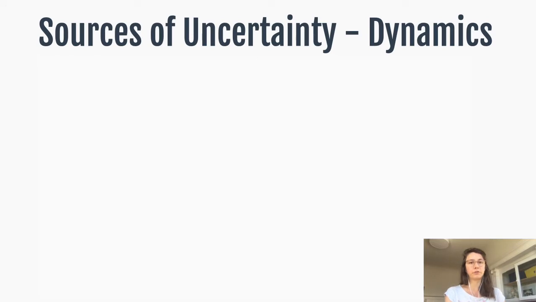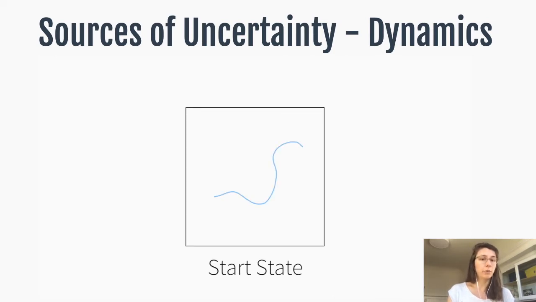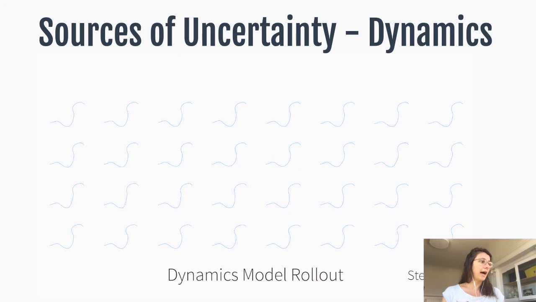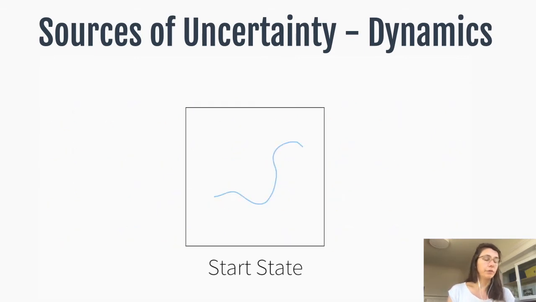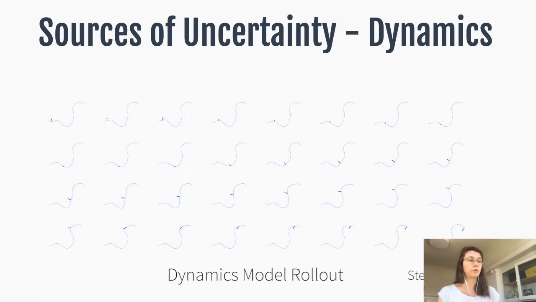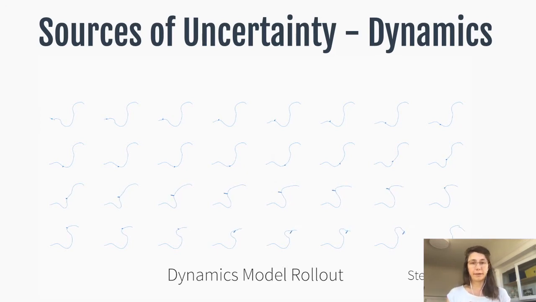Another source of uncertainty that makes what I've just shown you pretty hard is in the dynamics of the rope. It is actually quite hard to predict how a rope will exactly evolve when you interact with it at some point. It really depends on the material properties of this rope and what the bendiness of it is and so on.